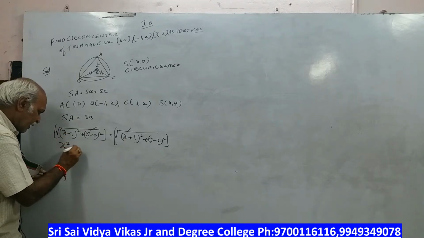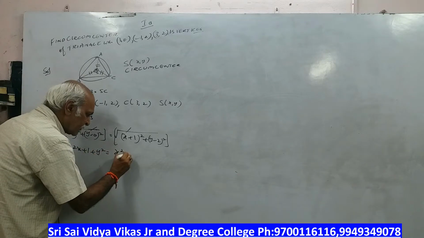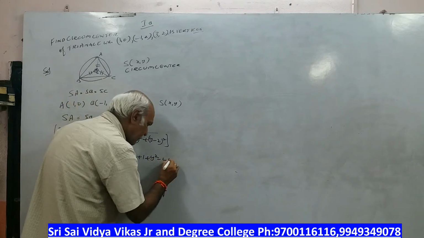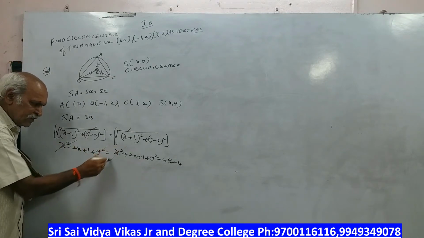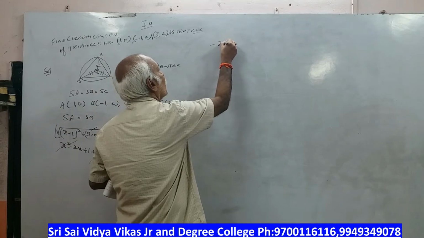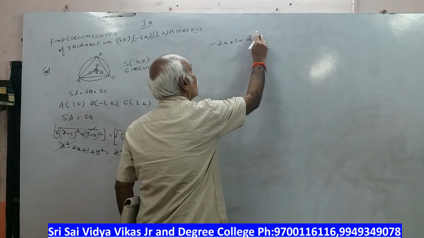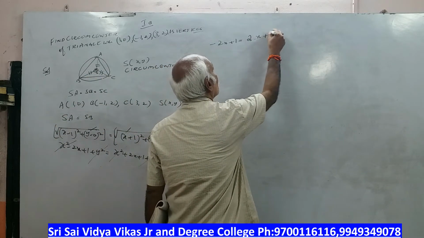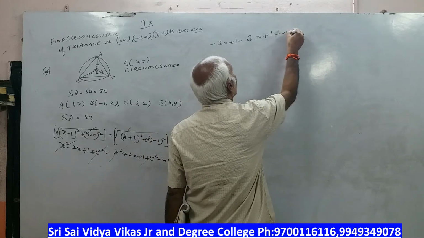Expand this, sir. x square minus 2x plus 1 plus y square, and here x square plus 2x plus 1 plus y square minus 4y plus 4. I expanded. Here x square is there, here also, y square is there, so these will get cancelled on both sides. So we get minus 2x plus 1 on the left, and on the right 2x plus 1 minus 4y plus 4.